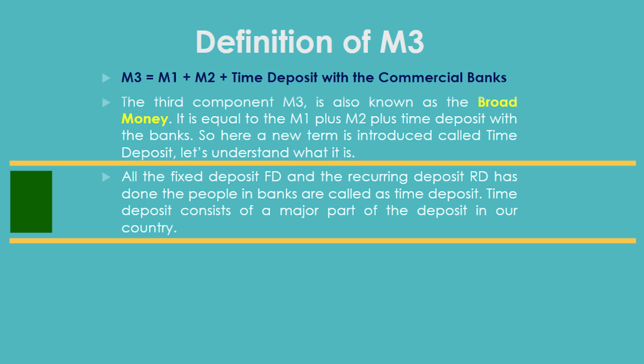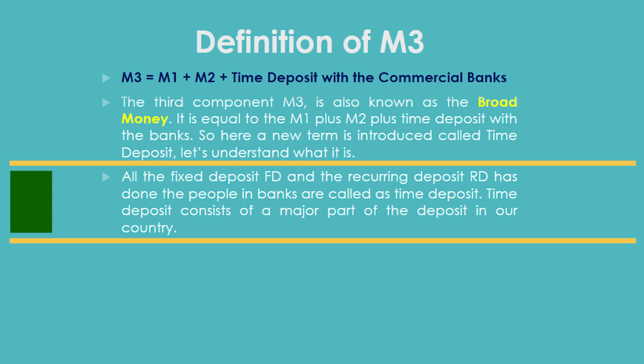Now, we all know that whenever we do fixed deposits, we mention a certain period of time. While we do a recurring deposit also, we also mention a certain period of time. So all these deposits that people make in banks, the fixed deposits, the recurring deposits, they all come under the ambit of time deposits. Okay?